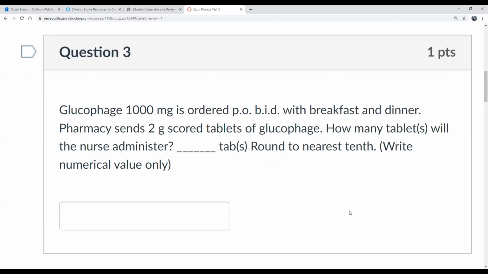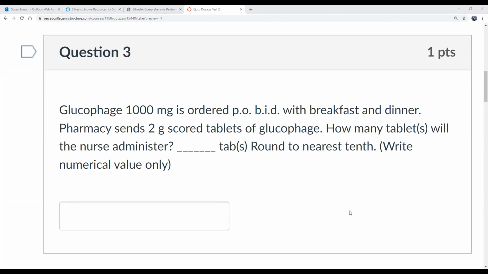Ms. Loesch, would it be easier to change the milligrams to grams because you only have grams on hand? You could do it that way. Either way, here's the thing: you have to give what the pharmacy sends.